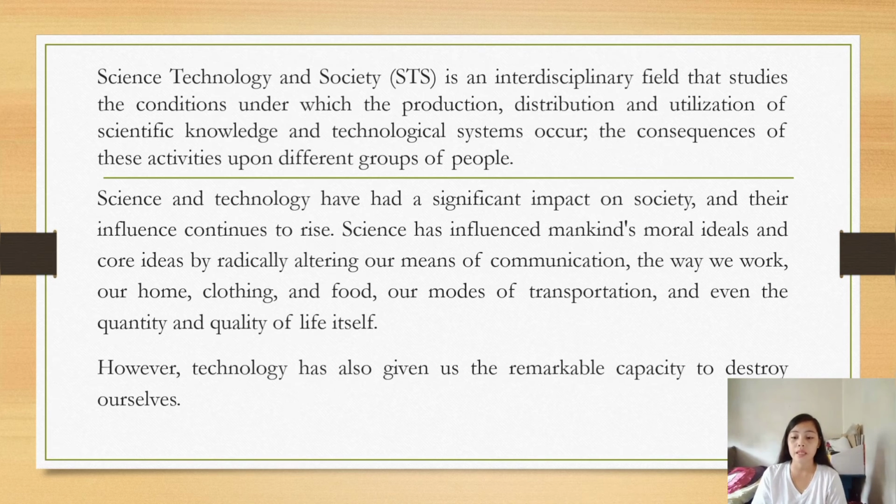Science has influenced mankind's moral ideas and core ideas by radically altering our means of communication, the way we work, our home, clothing, and food, our modes of transportation, and even the quantity and quality of life itself. However, technology has also given us the remarkable capacity to destroy ourselves. And as a result of modern technologies that have been developed, that has become another cause of climate change.